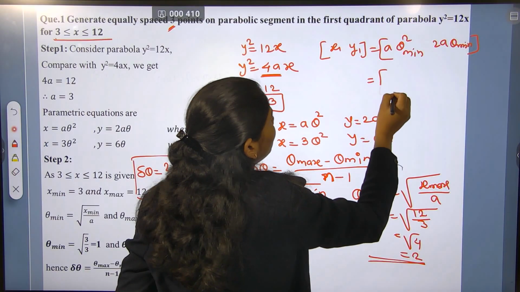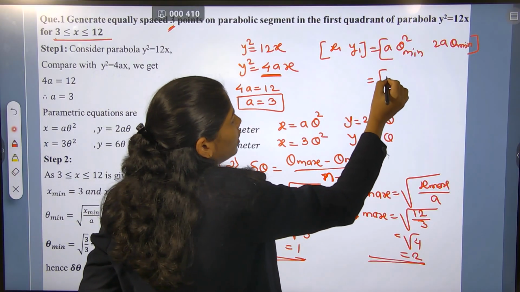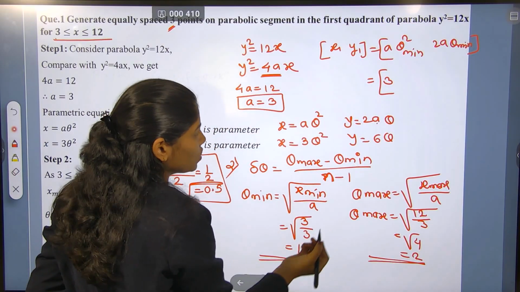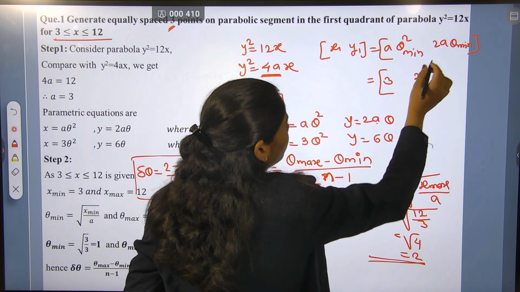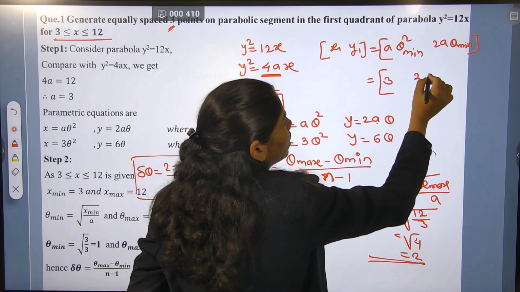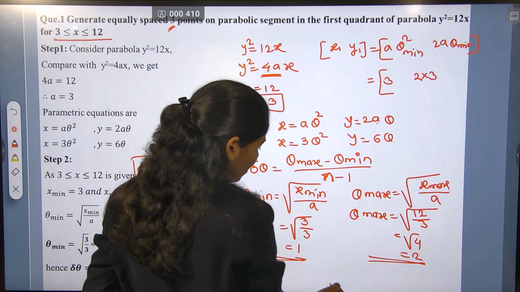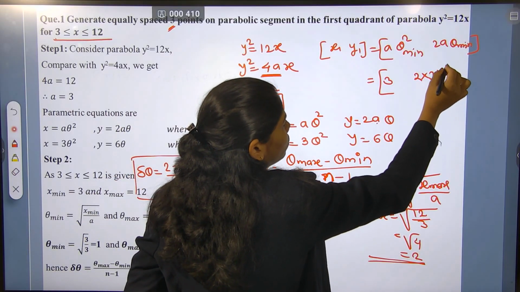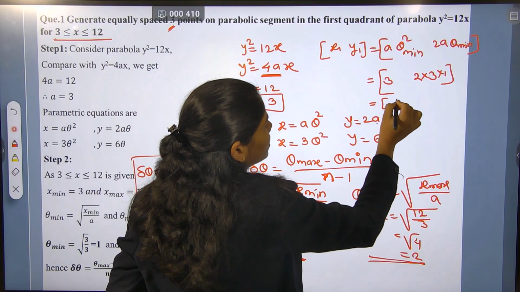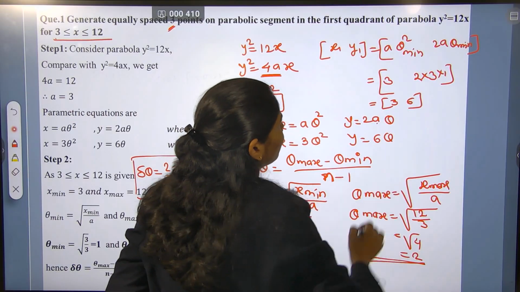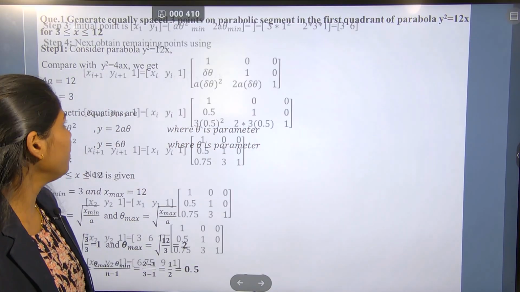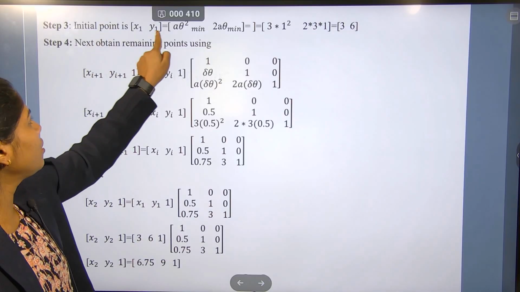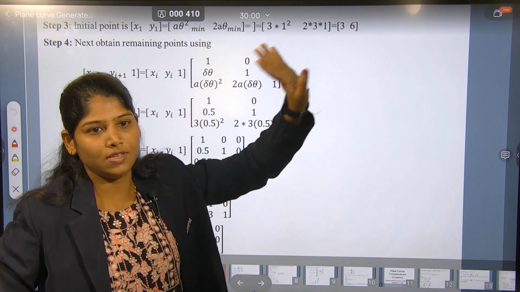Put values here. First value is 3 into theta minimum square, 1 square. So 3 into 1, 3. Then 2 into the value of a, which is 3, into theta minimum, which is 1. So we get our first point as 3, 6. x1, y1. Okay. So you can see here our initial point is 3, 6.